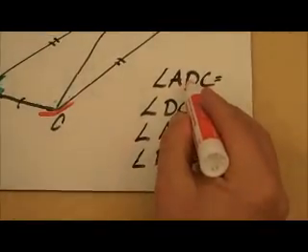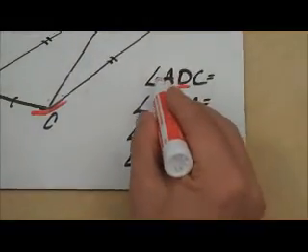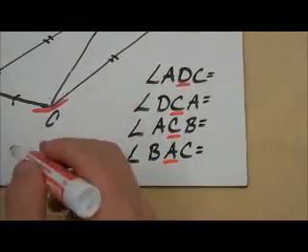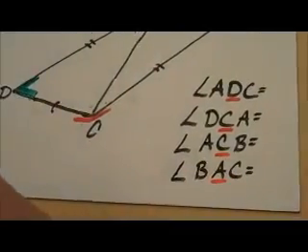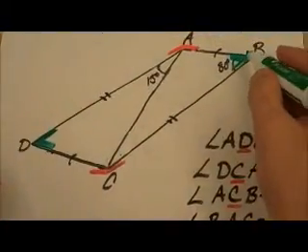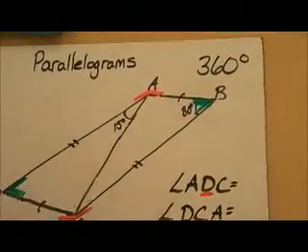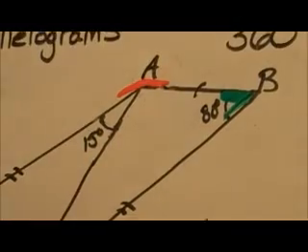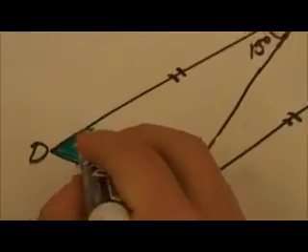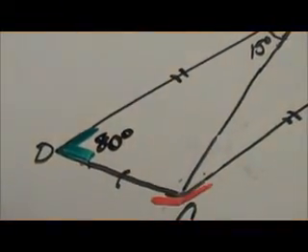So I'm actually finding angle D on angle ADC. But before I even get to that, I need to do some things ahead of time. Knowing that this angle B is 80 degrees and it will share the same quality as angle D, I'm going to go ahead and mark that this is 80 degrees for angle D.